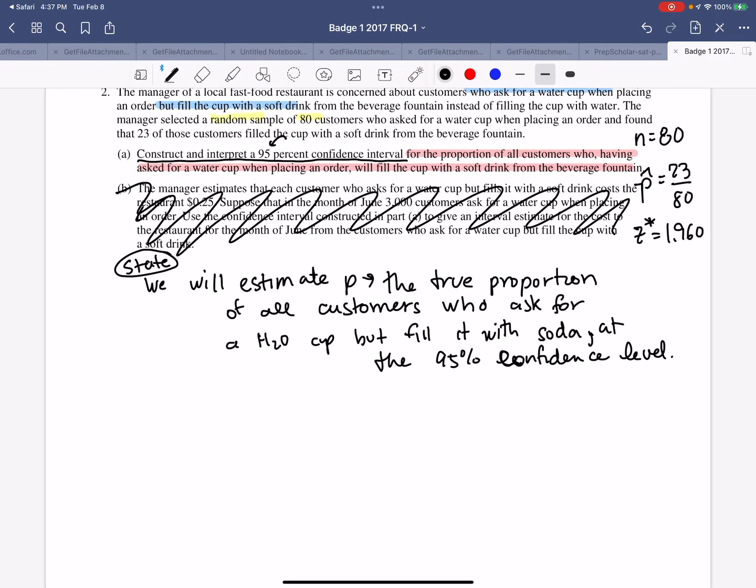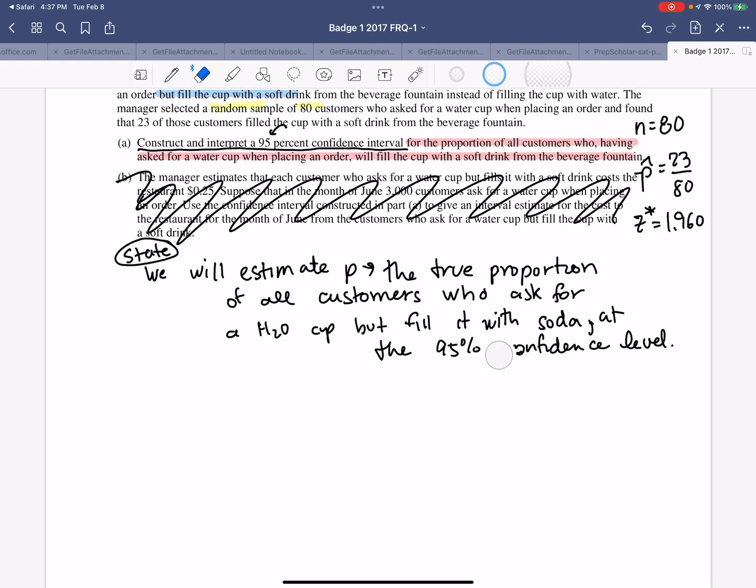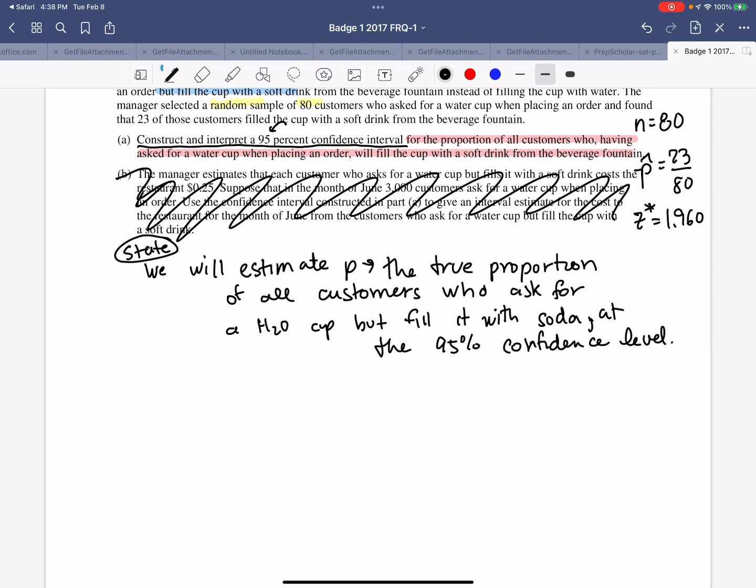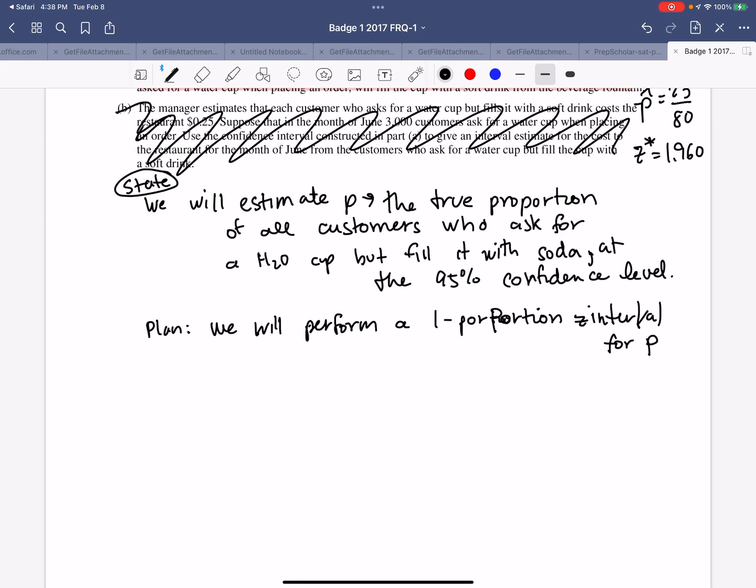All right, we only have one proportion, so we will perform a one proportion z interval for p.